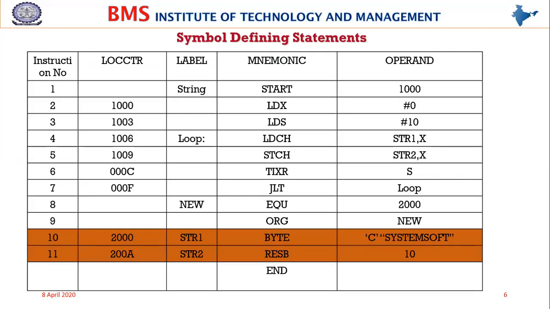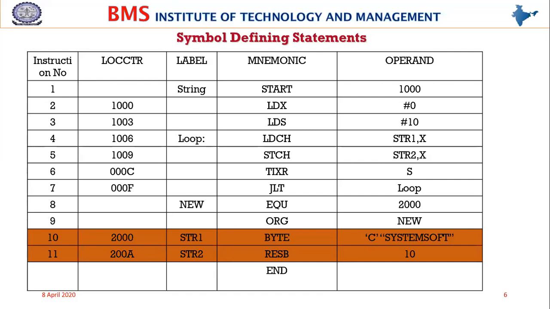For example, you can see here we have a program for this symbol definition, particularly ORG. The program name is string, START 1000, which means the first instruction is supposed to be given the address 1000. So at 1000 we have an instruction LDX immediate with 0. Next at 1003 we have LDS with immediate value 10.